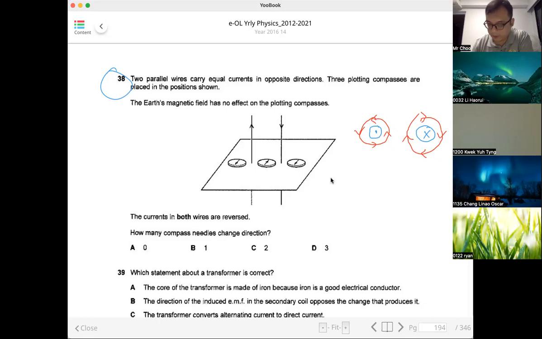The first compass, you put here. The second compass is pointing upwards. The third compass is pointing down. Can you see that? Now, if I were to reverse the directions of the current to become like this and like this, I reverse both the currents. So what will be your answer now?